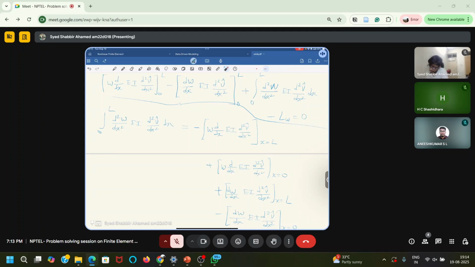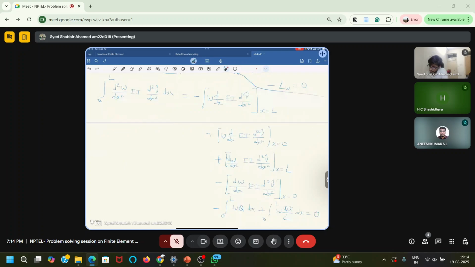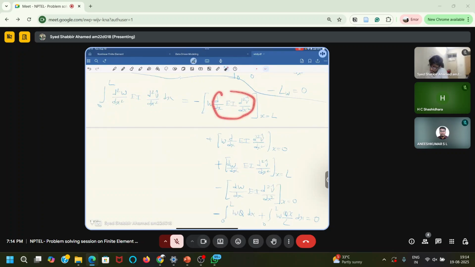So this will become 0 because boundary conditions have to be satisfied. And at x is equal to L, this is shear force and this is bending moment. Both have to become 0. So these were our boundary conditions.